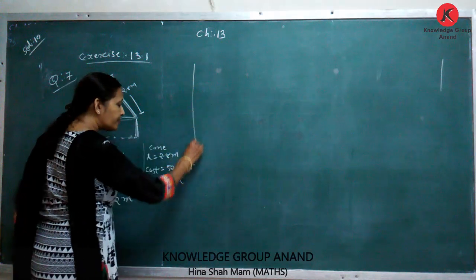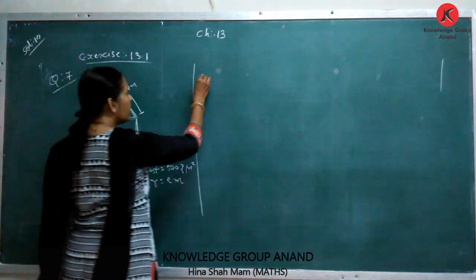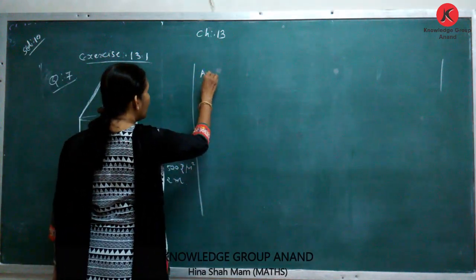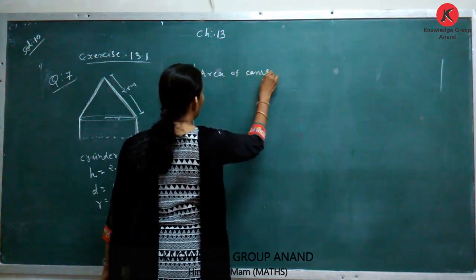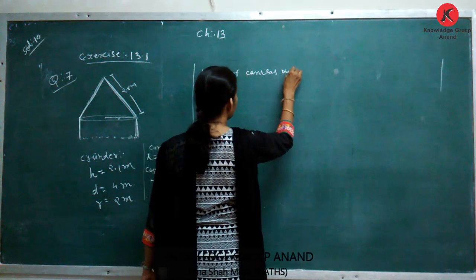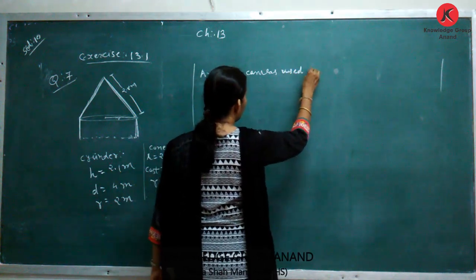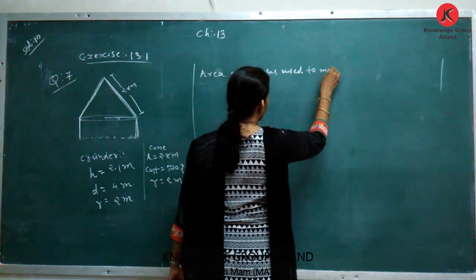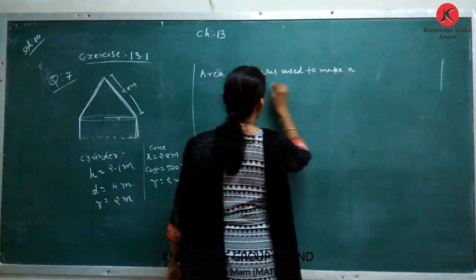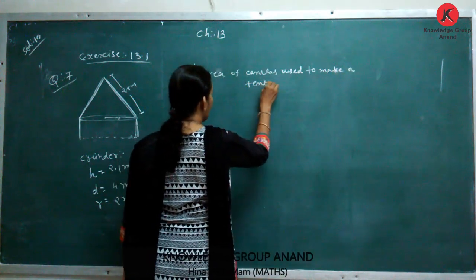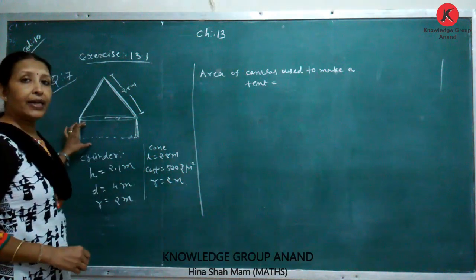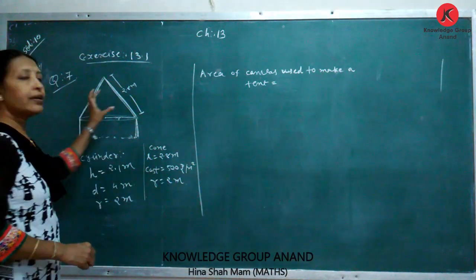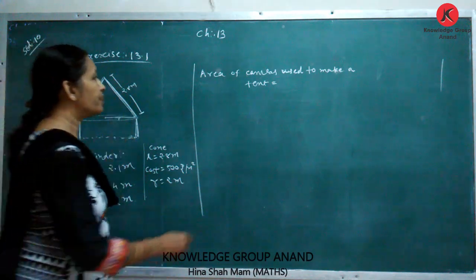Now we use area of canvas used to make a tent is equal to, which shapes are combined? Cylinder and cone.